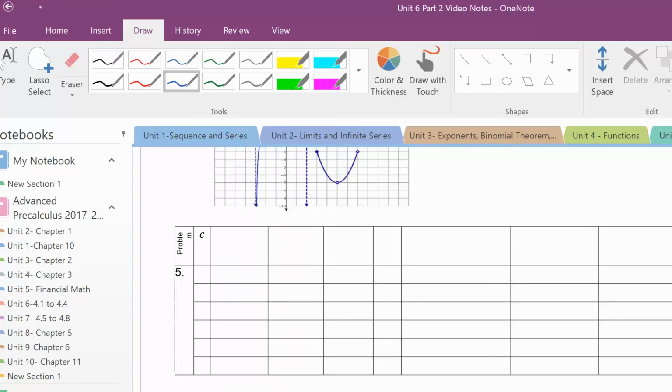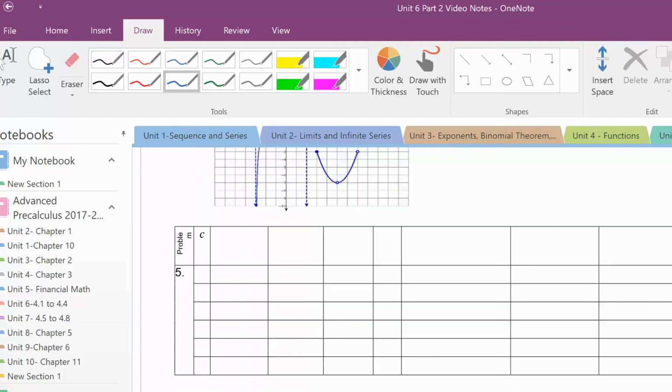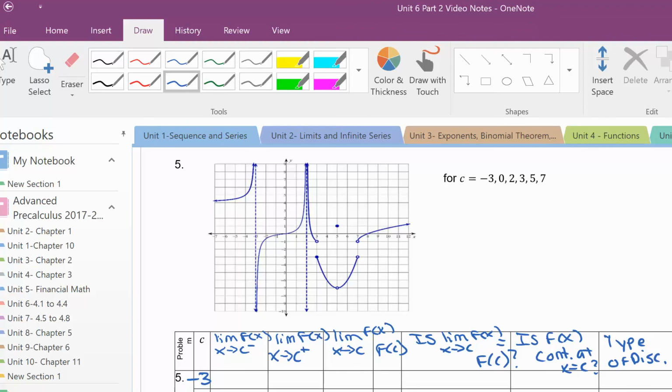All right, so number 5, you look at the graph. Now let's do the headings first. Okay, so there's the headings. Now for the value of c of negative 3, you look at the graph. All right, so negative 3 is here. Notice from the left it's positive infinity.